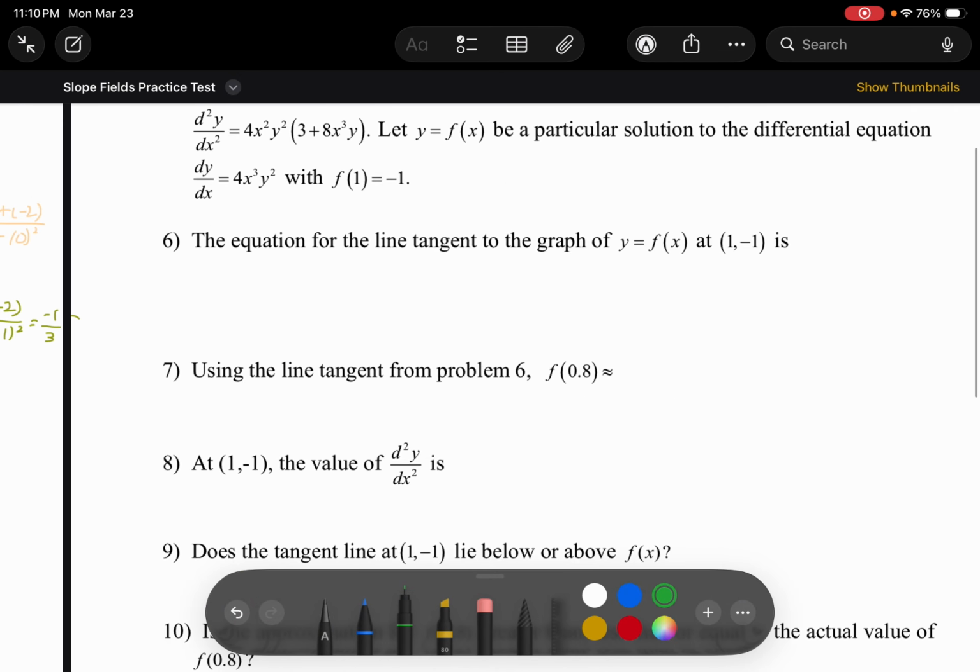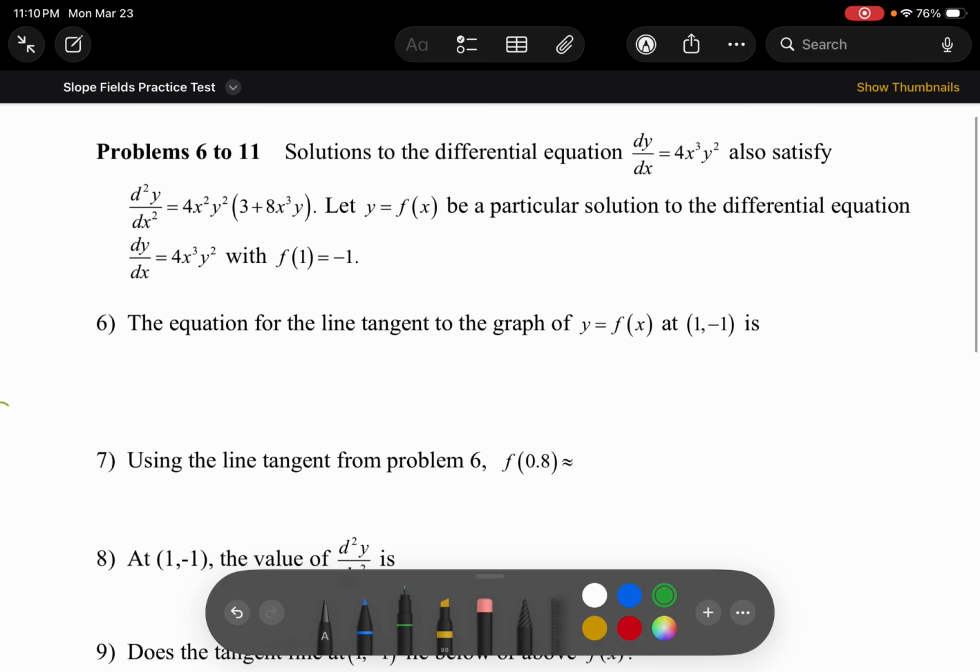Alright, problems 6 to 11. Solutions to the differential equation with slope dy/dx equals 4x cubed y squared also satisfy the second derivative of dy/dx equals 4x squared y squared times 3 plus x 8x cubed y.